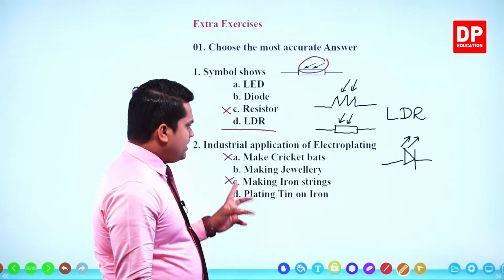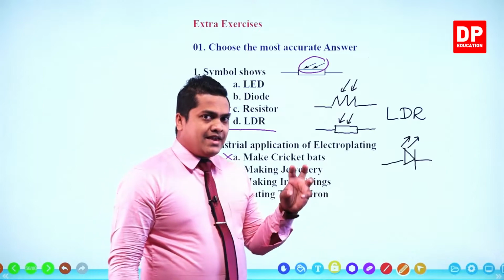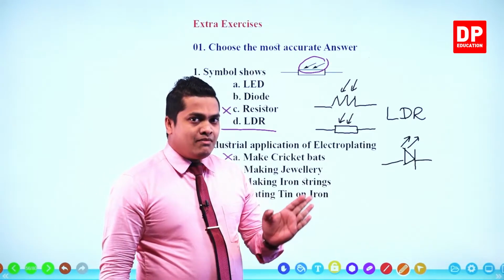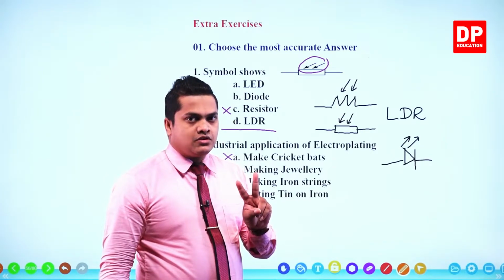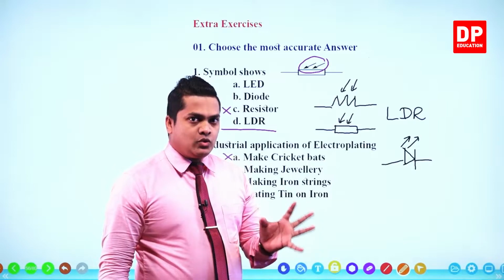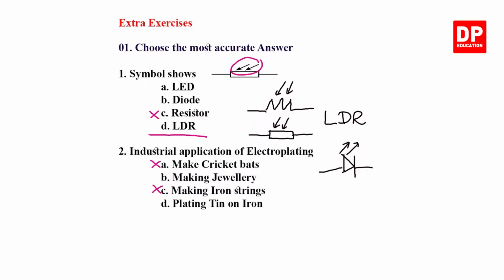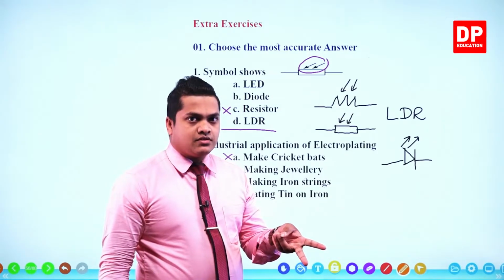So what about making jewelries? Actually, making jewelry and plating metal on jewelry are two different things. To make jewelry, we use silver and gold and all the other materials, right? Making jewelry and plating are two different things.